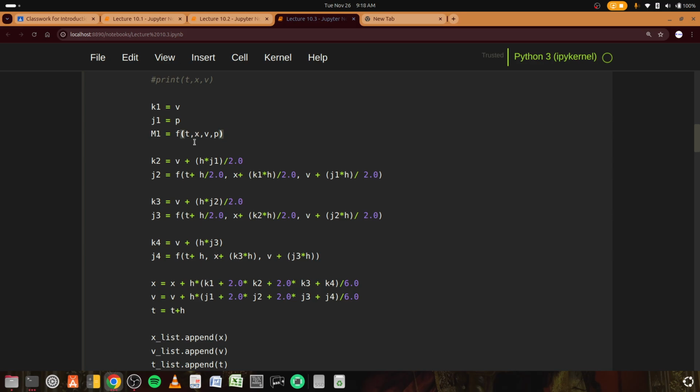There will be now 4 variables inside that function, right? So that is how you will proceed, right?